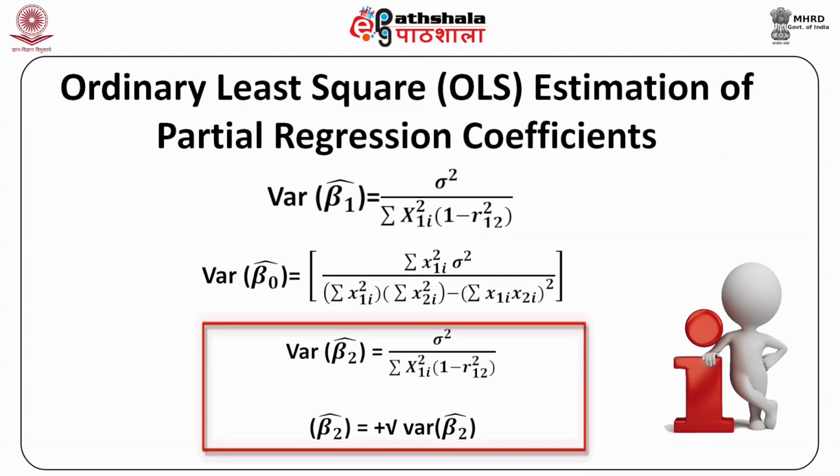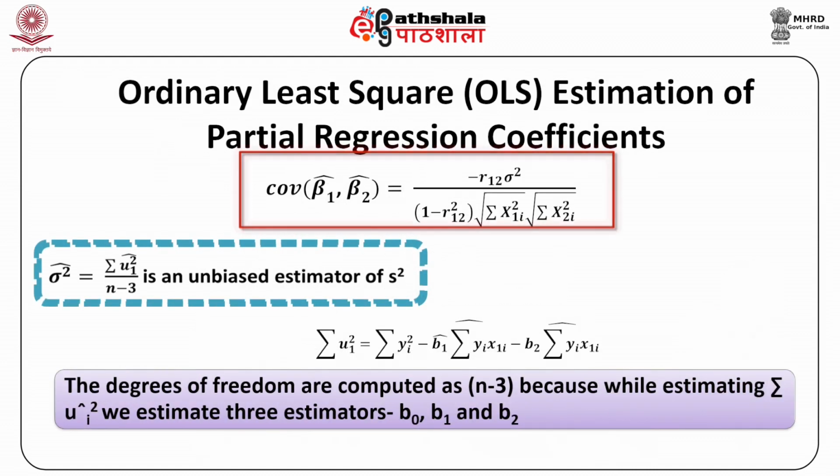Standard error of beta hat 2 is equal to plus under root variance of beta hat 2. Covariance of beta hat 1 and beta hat 2 is equal to minus r12 sigma squared divided by 1 minus r squared 12 times root of summation x squared 1i times root of summation x squared 2i.